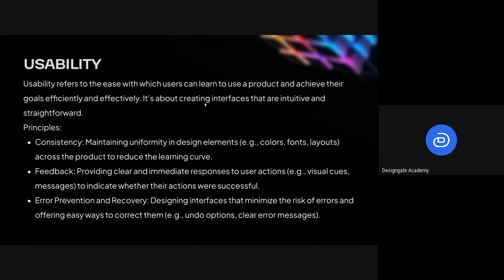Some of the things you can implement to make sure your product is usable: one, consistency. You have to maintain uniformity in design elements such as colors, fonts, and layout across products to reduce the learning curve. If you are using the color blue as your brand color to drive all the primary actions, please maintain it. Don't go and use it for the secondary actions or accents too.